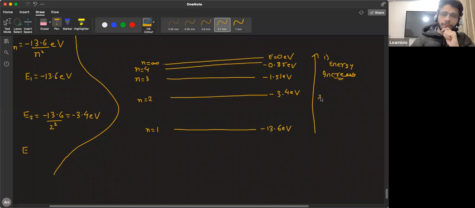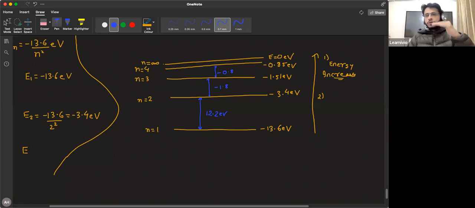Second important point. If you look at the difference in energy levels, the difference between the first two energy levels, if you subtract 13.6 and 3.4, is around 10.2. If you take the difference of the next two, it will be around 1.57 or 1.58. If you take the difference between the next two energy levels, it will be around 0.8 something.